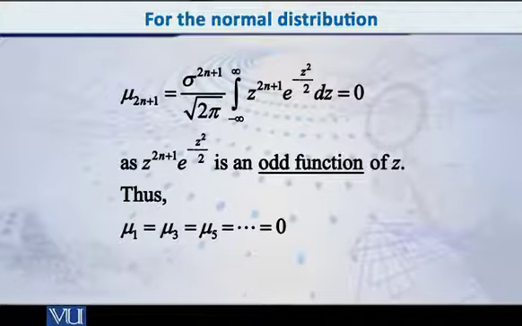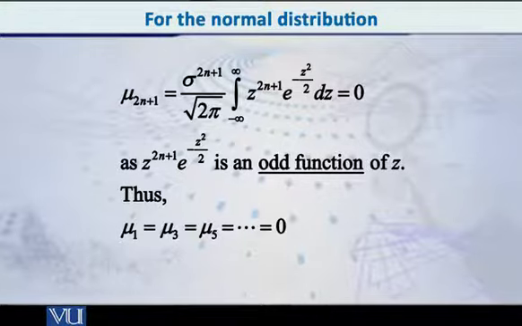Mu 2n+1 is equal to sigma raised to 2n+1 over square root of 2 pi into 0, and that is equal to 0. So that is why we say that all odd order moments of the normal distribution are equal to 0. Isn't that remarkable? Mu1 equal to mu3 equal to mu5 equal to so on equal to mu27.